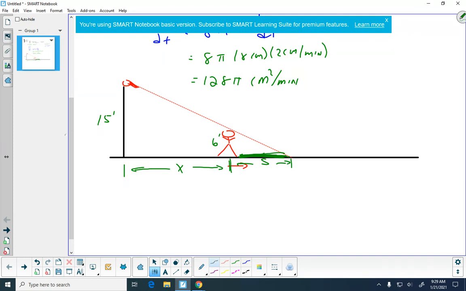The question is, what do we do with that 5 feet per second? Well, he's walking away from the pole. So how can I put that into my variable terms here? What variable is increasing at a rate of 5 feet per second?